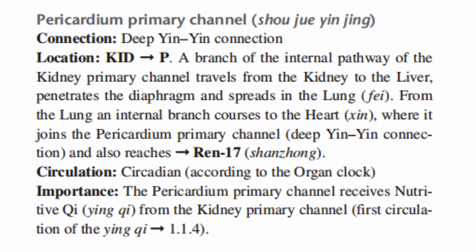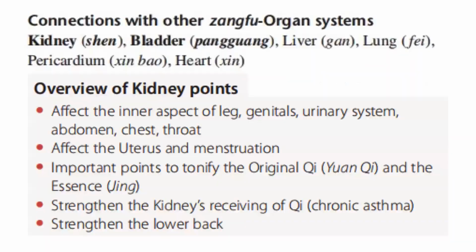For its circulation, this also follows the circadian cycle, according to the organ clock. For its importance, the pericardium primary channel receives nutritive qi or the yin qi from the kidney primary channel in the first circulation of the yin qi.